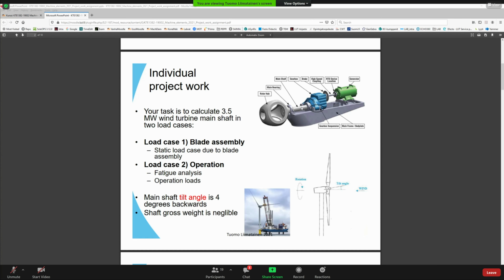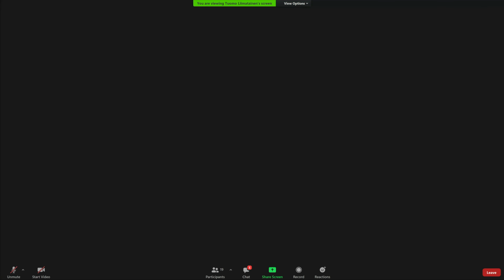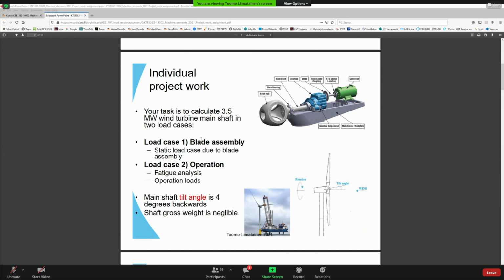When we dimension the main shaft, there are many different load cases, but now we are only dealing with 2 of them, which are typically the ones that pretty much define the size of the shaft. The first one is the assembly of the blade, which is a static load case, because that usually happens only one time in the history of the wind turbine.